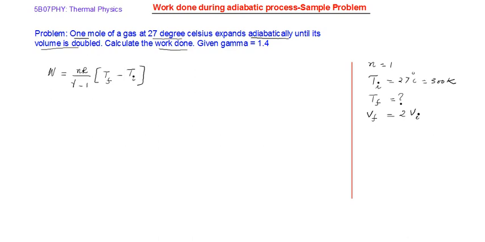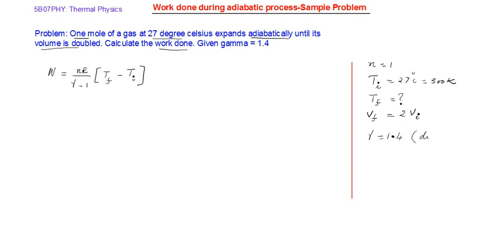There will be a change in the pressure, volume as well as the temperature. So here what you are given is volume and temperature relations. Now you are also given gamma, the ratio of specific heats, equal to 1.4, that is given as data. Now just remember one thing, gamma equal to 1.4 is the case of a diatomic gas.